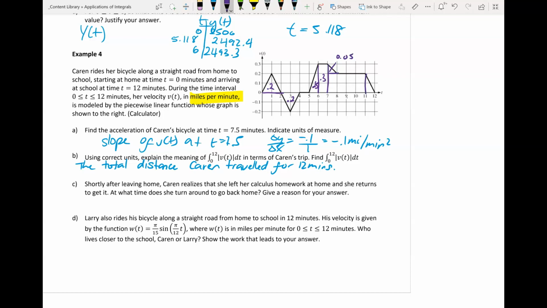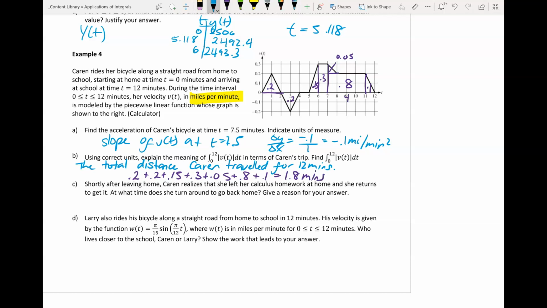Then this rectangle here is 4 times 0.2, which is 0.8. And this little triangle in here is going to be 1 times 0.2 divided by 2, which is 0.1. So we're going to sum all of these up, and because it's the absolute value, we're just going to add all of them together, which is 1.8 miles.